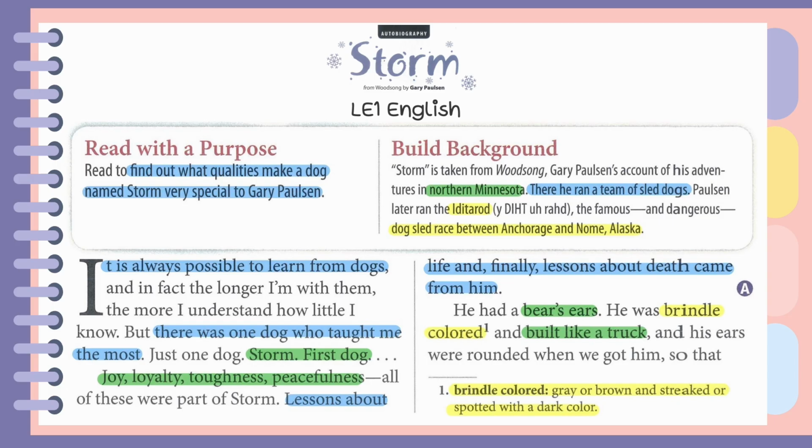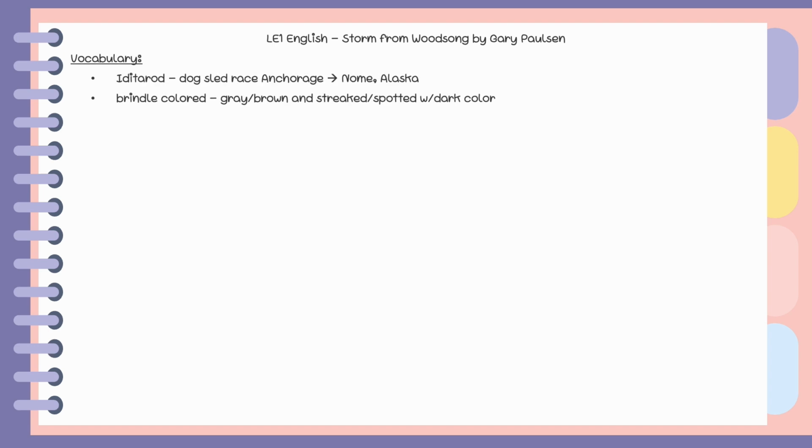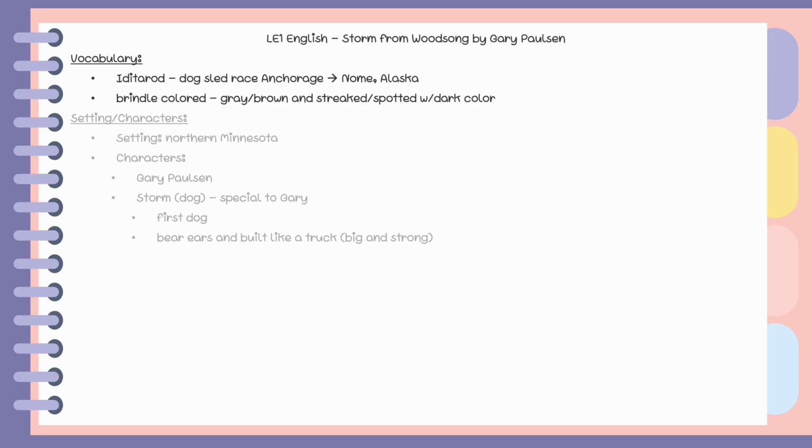Our next example is from the Leaders 1 English textbook. If you would like to read the page, please pause the video. Let's look at our example from the Leaders 1 English textbook. So once again, you would have your vocabulary words on top with the definition and anything else you need to know about it.